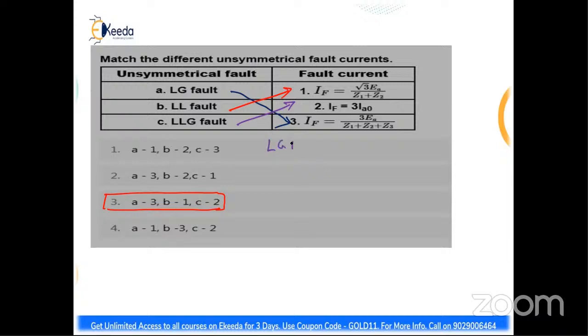This LG fault occurs when one conductor falls to the ground. Okay, 70 to 80% of the faults in the power system are single line to ground faults. That is what we have discussed. It is very commonly occurring. Okay, so that's why.